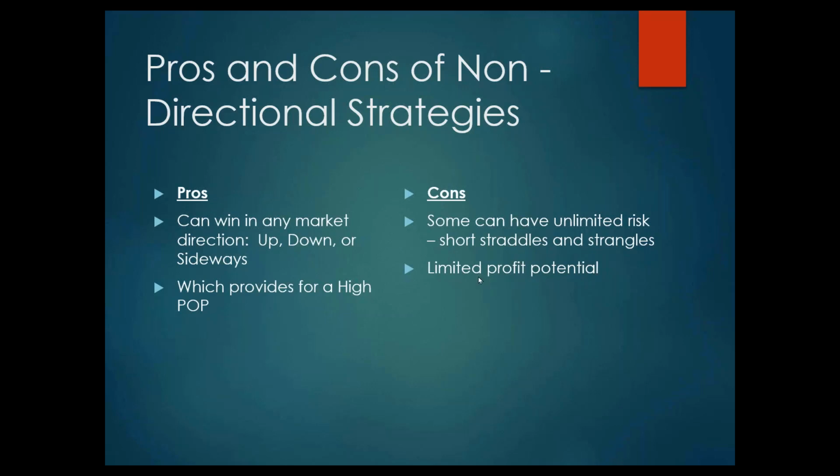And profits are limited, whereas certain directional strategies do offer the ability to have unlimited profits, but the likelihood of price going to the moon is low, right? So even though it's possible, it's unlikely that you're going to have huge winners.